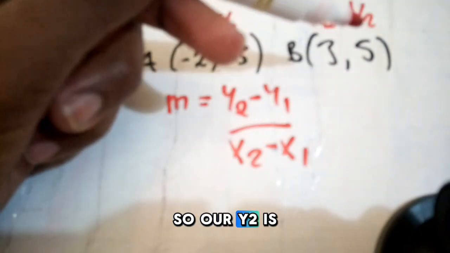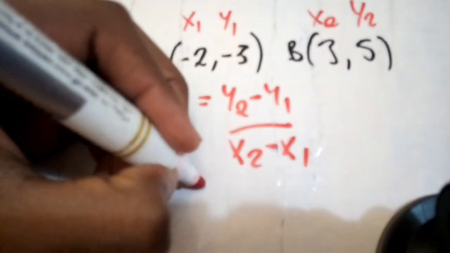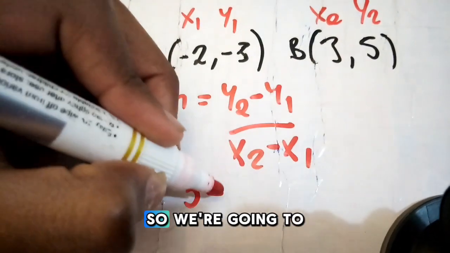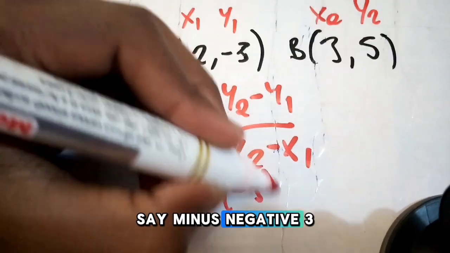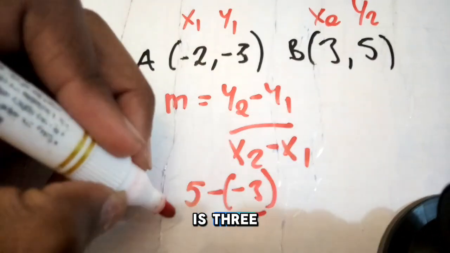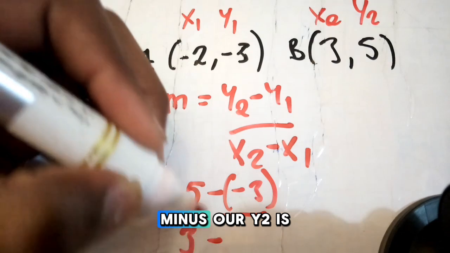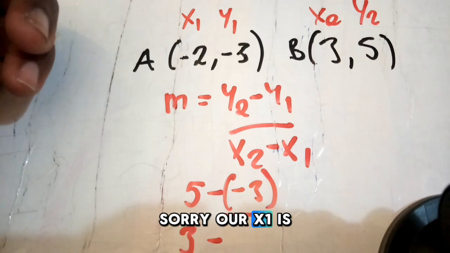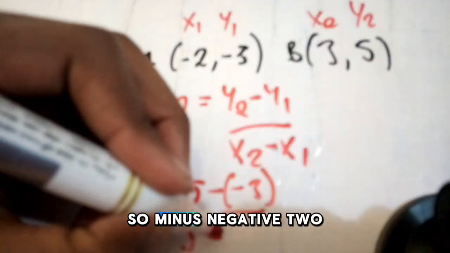Our y2 is 5, so you're going to say 5 minus our y1, which is negative 3, so minus negative 3, over our x2, which is 3, minus our x1, which is negative 2, so minus negative 2.